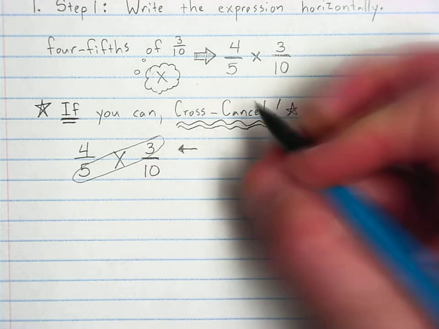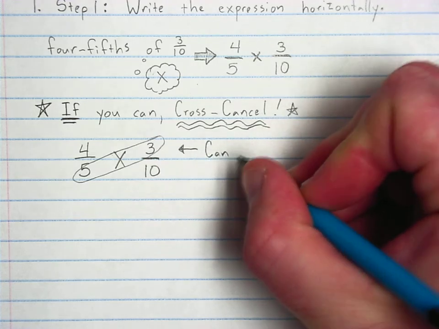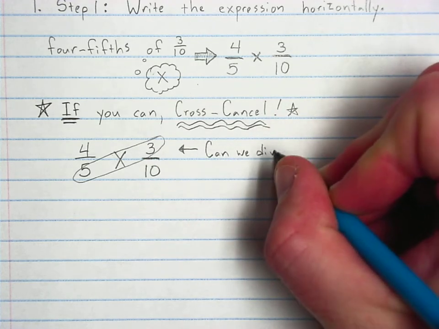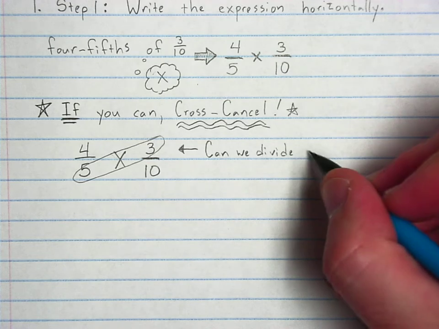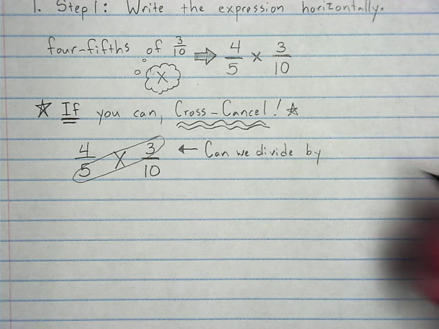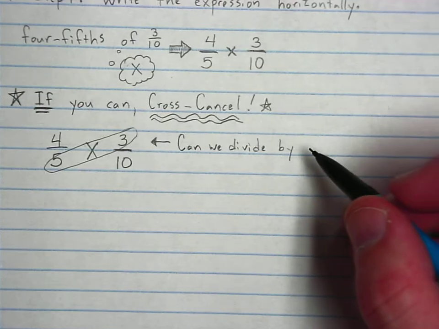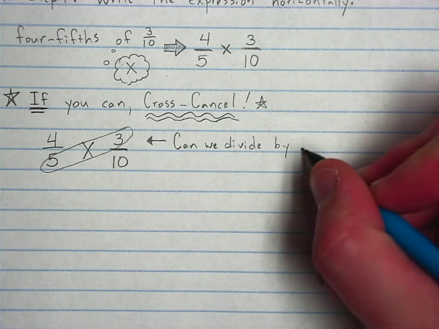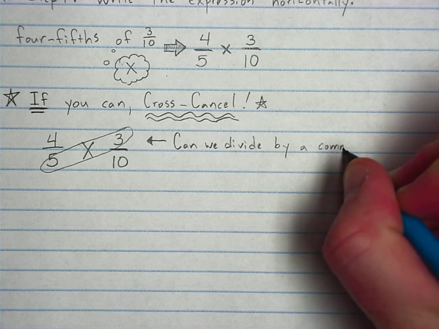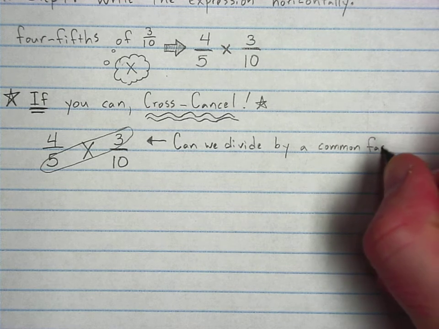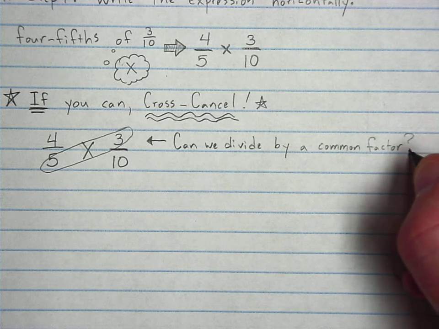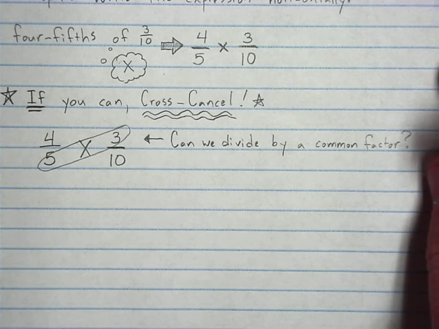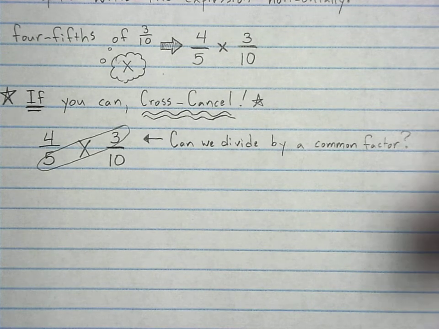And I'm going to ask myself, can we divide by a common factor? Is there something that will go into both of those numbers? Now, when we're looking at 5 and 3, I can go through some of my prime numbers.